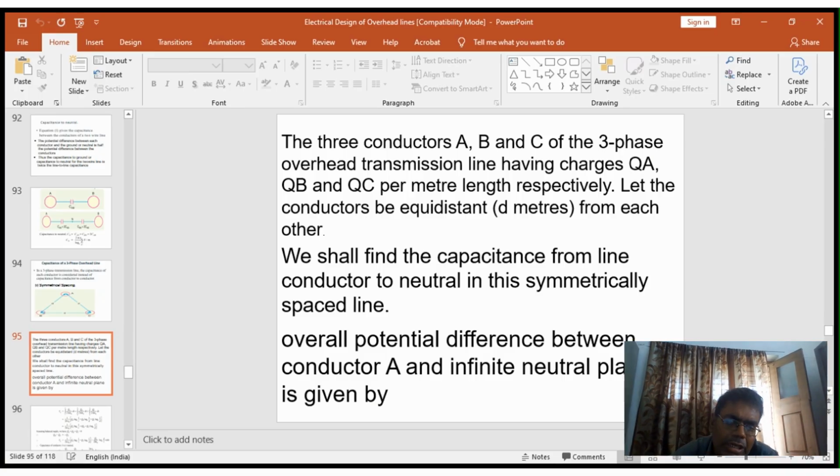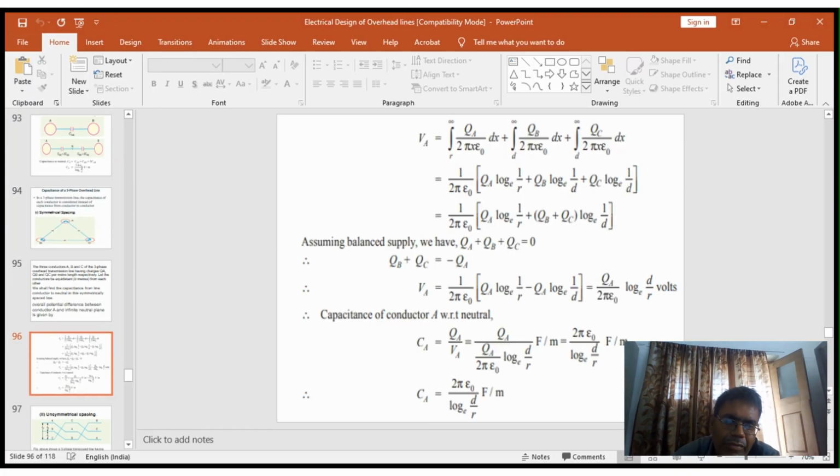The overall potential difference between conductor A and the infinite neutral plane is VA. VA is equal to 1 by 2 pi epsilon naught, Qa log 1 by r plus (Qb plus Qc) log 1 by d. Assuming a balanced supply, Qa plus Qb plus Qc is equal to 0, so Qb plus Qc is equal to minus Qa. Substituting here, we get the capacitance C equal to q divided by V, which is 2 pi epsilon naught divided by log d by r.